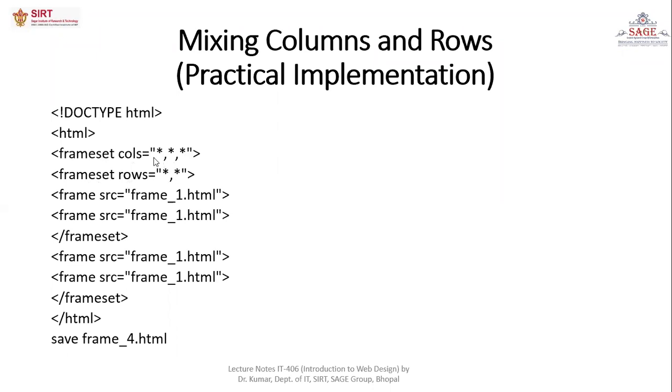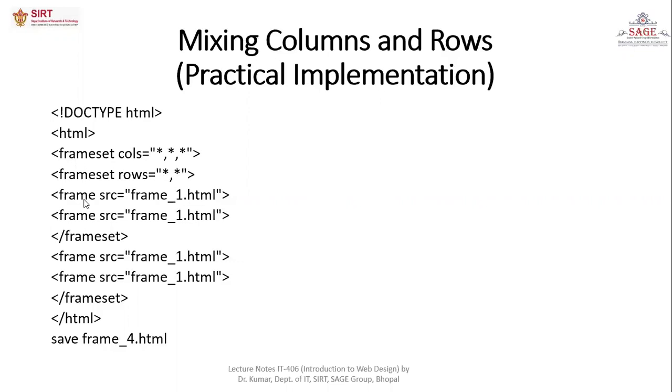Now see, frameset COLS, frameset ROWS, and the frame SRC, frame underscore one HTML. I put frame underscore one HTML, and frame SRC, frame underscore one dot HTML. And here I close the frameset.